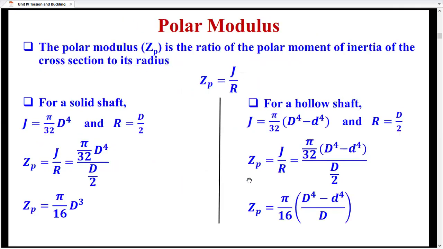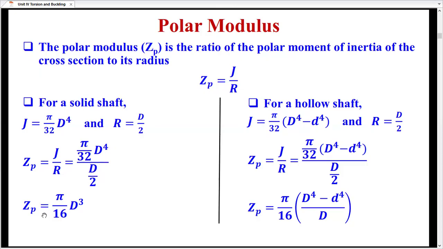Then we have polar modulus. Polar modulus is nothing but the ratio of polar moment of inertia to the radius of that particular shaft. The J value is the polar moment of inertia, pi by 32 D raised to 4. The radius of the shaft is D by 2 for both solid and hollow shafts, but the J value is different for solid and hollow shafts. So polar modulus Zp is equal to J by R, that is pi by 32 D raised to 4 upon D by 2.